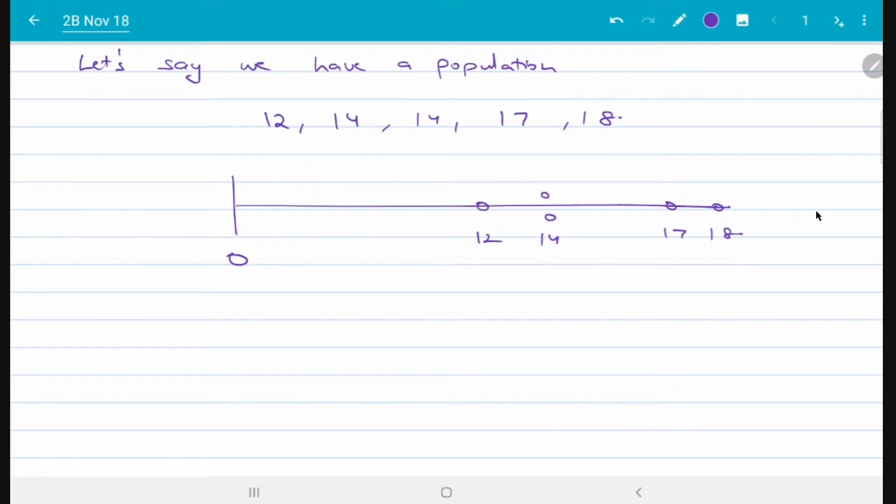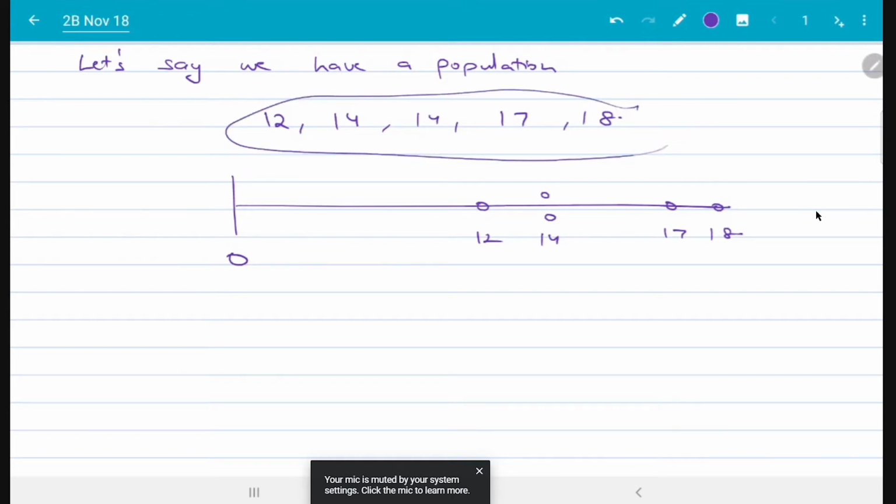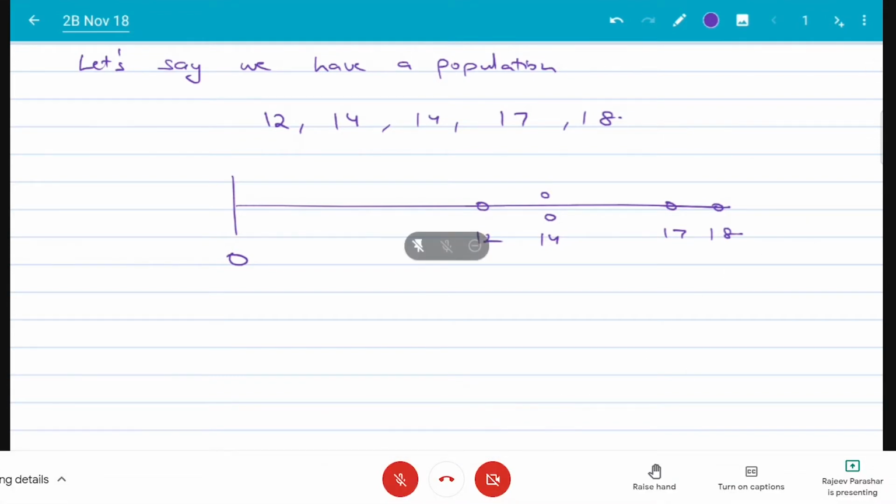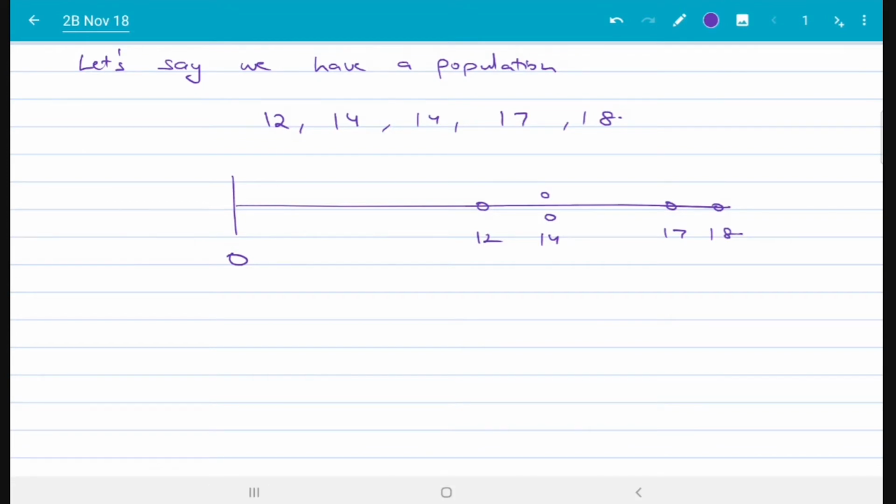Okay. Now, this is a pretty small population, so one can just look at it and understand where this is. This is taken to be small for simplicity. If it's pretty large, then it becomes very difficult to even see. If you have a million values, then you can't really see what values.